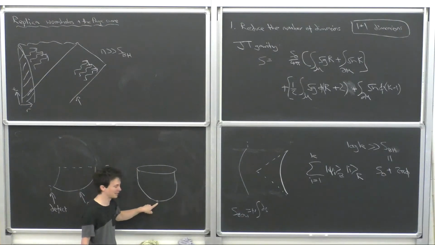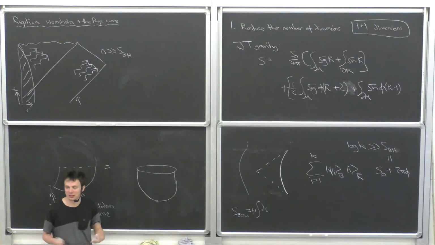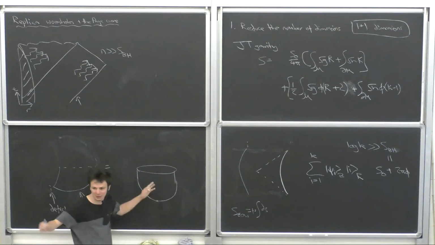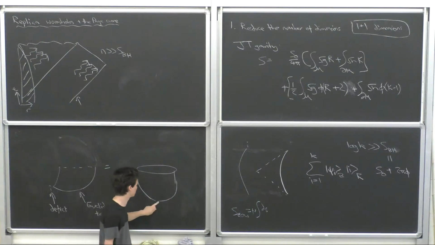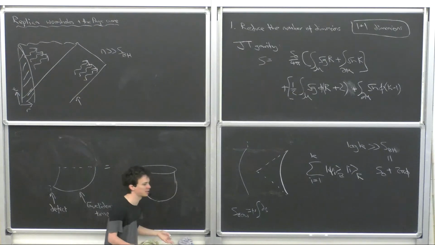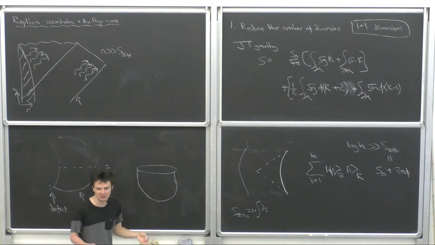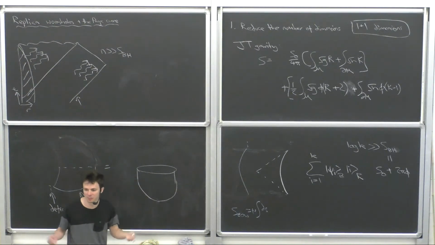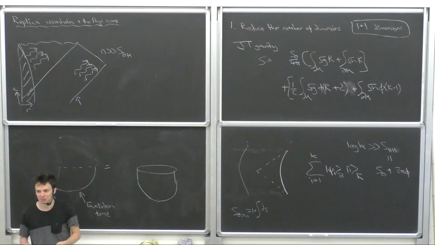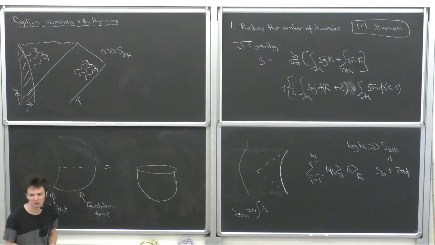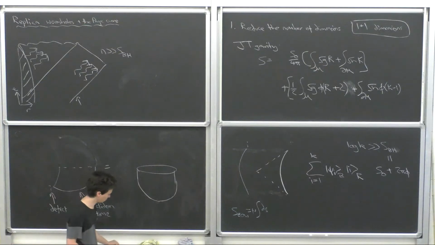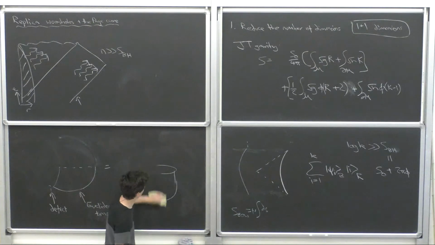But then that state is just dual to the identity operator. So we can just put an identity here, which just smooths out the hemisphere. That was maybe not very clear. The other way to say this is that Euclidean AdS has a conformal boundary that's the sphere. But those are equivalent statements. Awesome. Thank you.